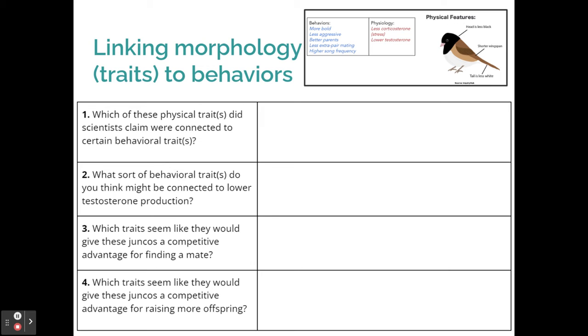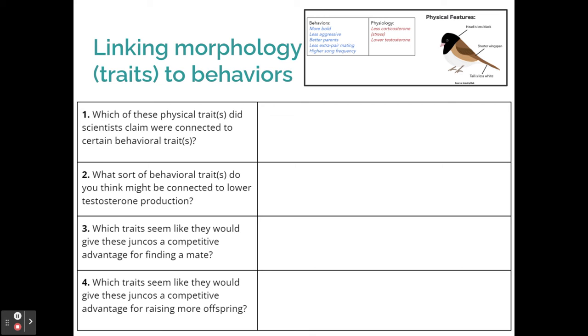Having low corticosterone levels can help them be better parents because if they're less stressed and they have shorter flight initiation distances, they're less likely to leave their nests abandoned, which protects their babies and keeps them properly incubated. We can also say that testosterone would be a physical trait that could be connected to behaviors such as less aggression, less extra pair mating.